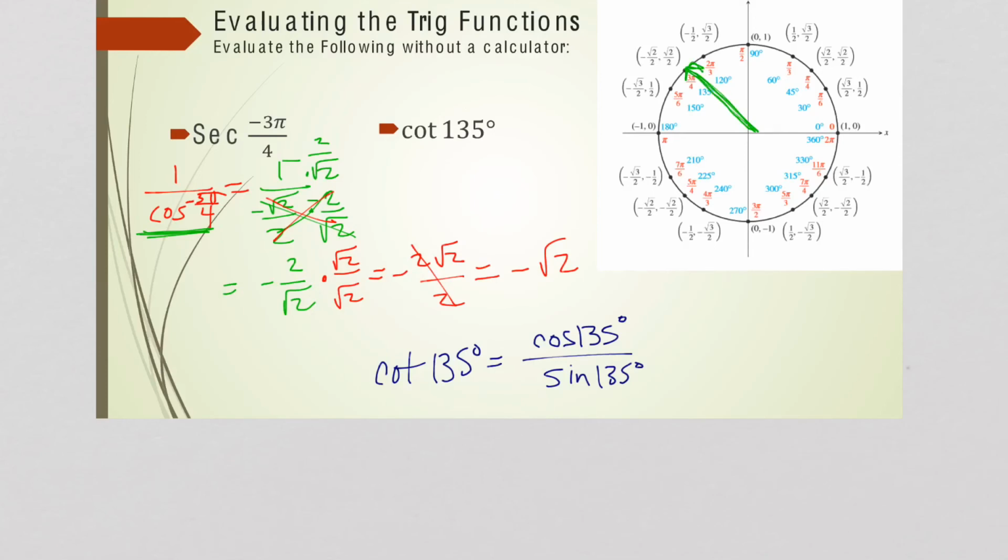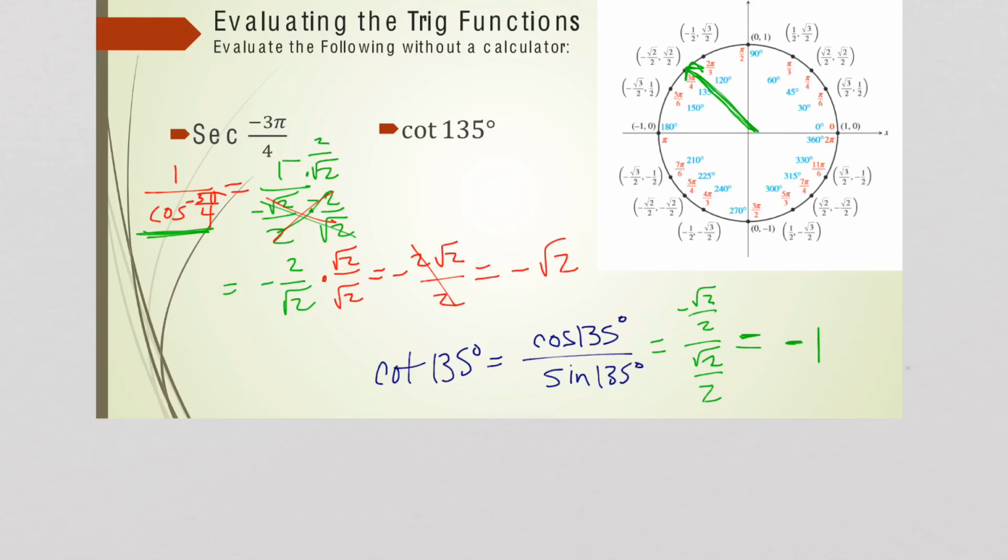Okay, so cosine is x, sine is y. So I get negative square root of 2 over 2 over positive square root of 2 over 2. Well, I know that when I have the same thing over itself, it just equals 1. And 1 is negative, so my answer is negative 1.